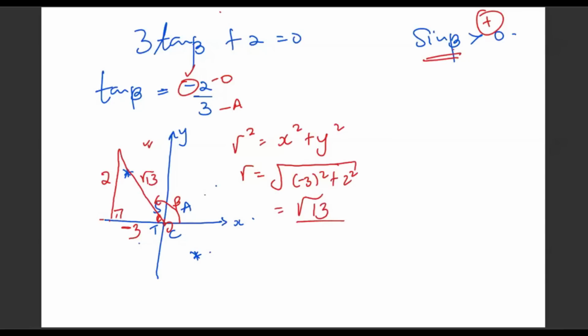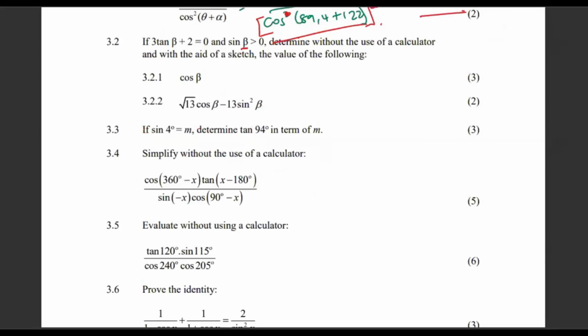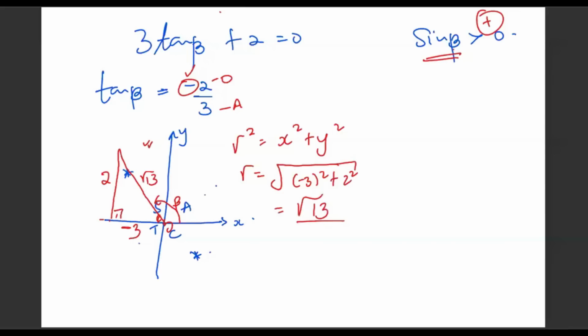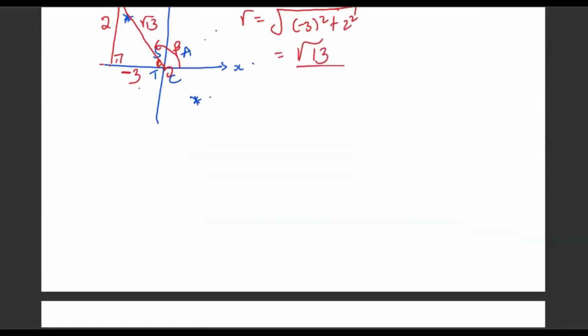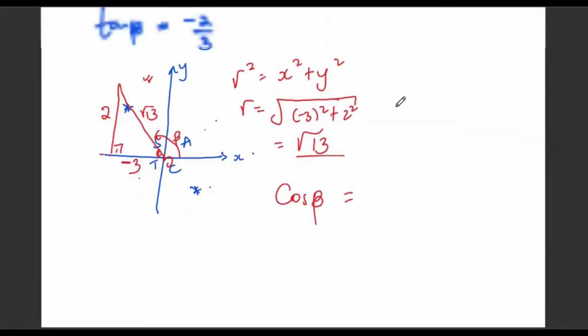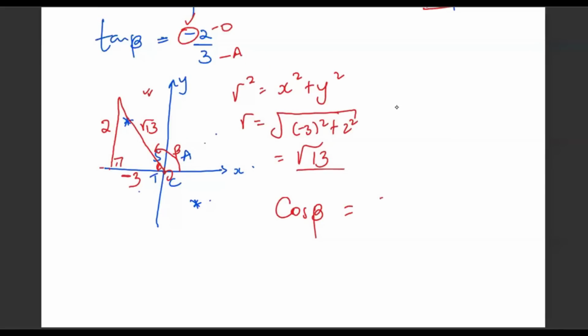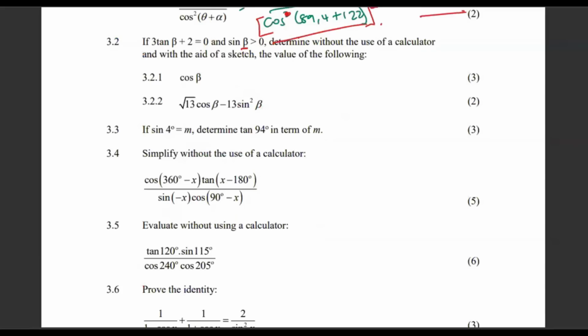Now, for as long as we're done with this, then we can go ahead and answer the questions. They want the cos of beta. Cos is adjacent over hypotenuse, so it's negative 3 over root 13. Please leave it like that. Do not give us the rationalized form, because in that case, you would have used the calculator.